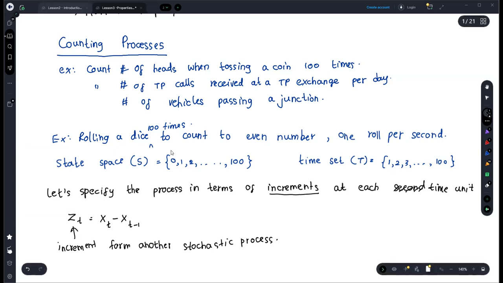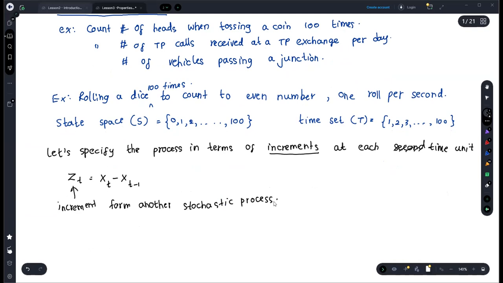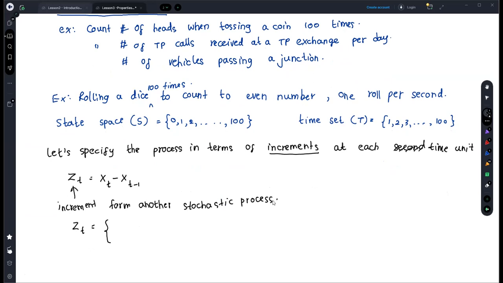If it is a stochastic process, what are the values that XT can get? Think about odd and even, let's say. Now, if you think about an example, suppose we are tossing the coin, suppose we are in the 10th roll, and the number of even values you got is 7.